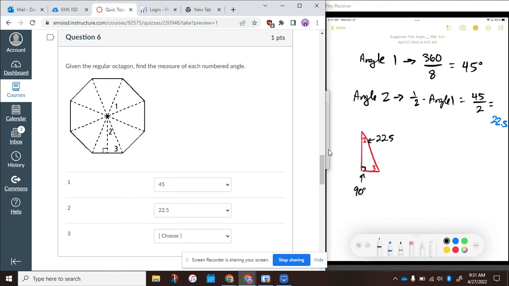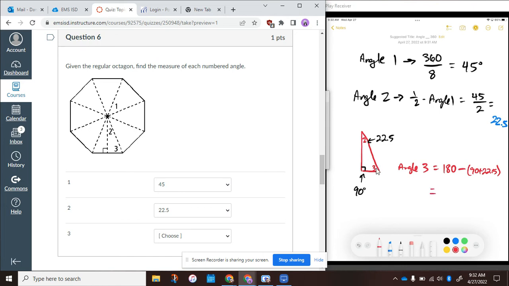You just have to remember that every single triangle that's ever been created always adds up to 180 degrees, so all you have to do is subtract it out. If we're trying to find angle number three, it's going to be 180 minus those other two that we already have, because if we take out those other two, that'll leave us with this last angle that we don't have.